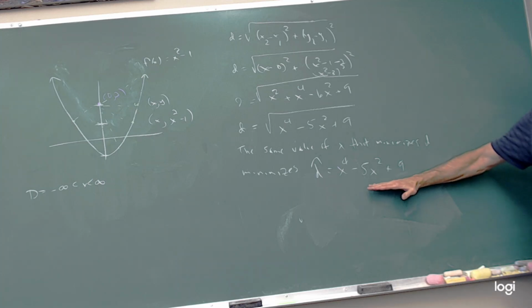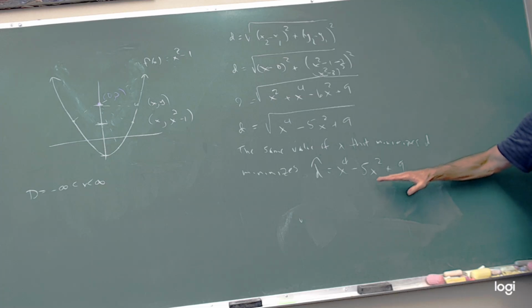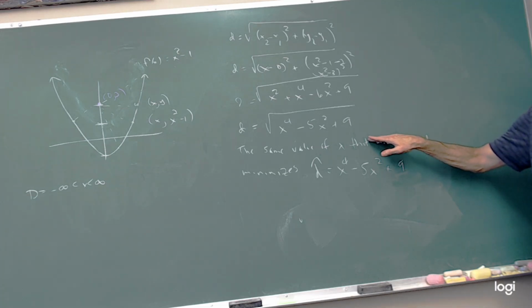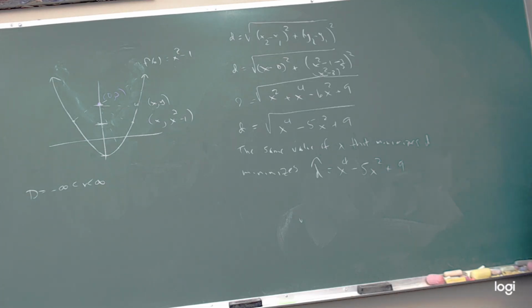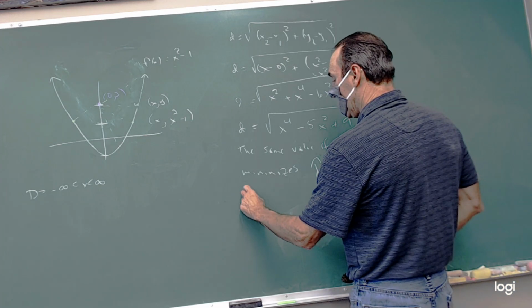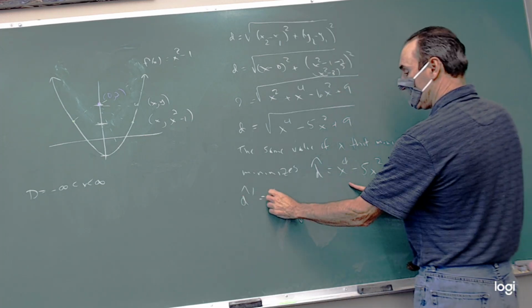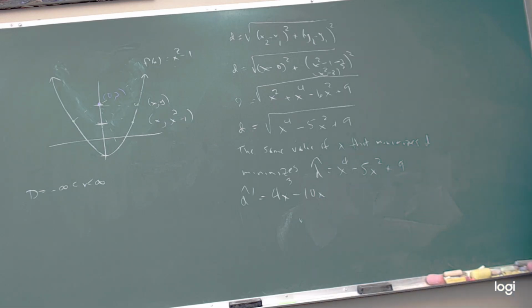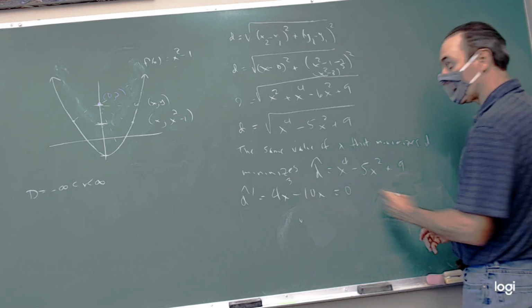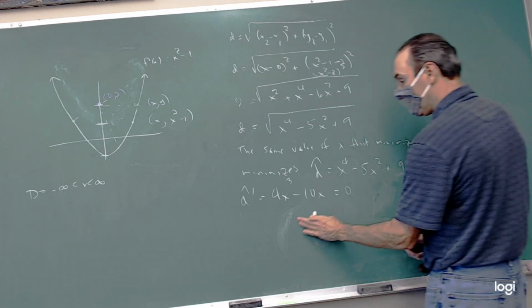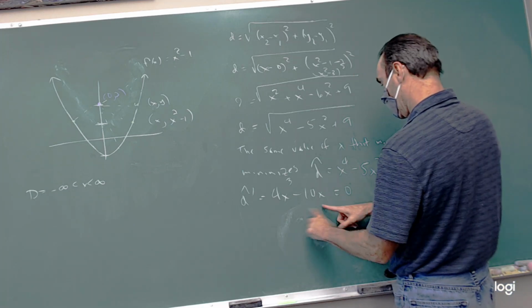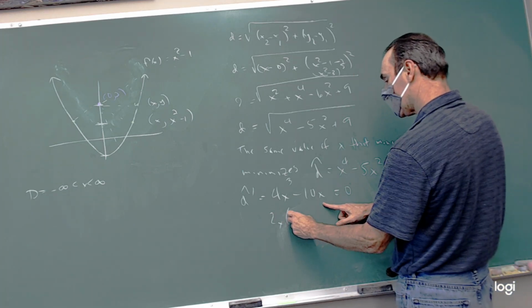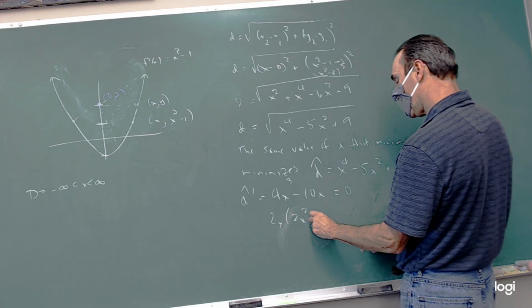So now I'm going to look for the minimum of this. And whatever value of x that I find that minimizes this also minimizes this. That's what we're looking for. So I'm going to take d hat prime, and that's going to be 4x to the third minus 10x. We're going to set that equal to 0 because we're looking for critical points. And we're going to factor out that 2x, leaving a 2x squared minus 5.